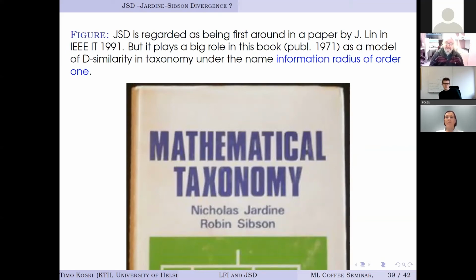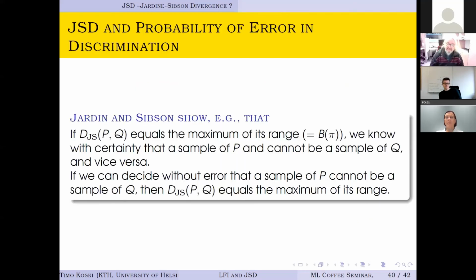And so in fact they have there, for example, with this Jardine and Simpson proof, that if this Jensen-Shannon divergence equals the maximum value of its range, say the binary entropy function at pi, then we know if I take a sample of the distribution P, then I know for sure that it cannot be a sample of Q. Their supports are disjoint. And if I can decide without error that the sample of P cannot be a sample of Q, then the Jensen-Shannon divergence equals the maximum of its range.